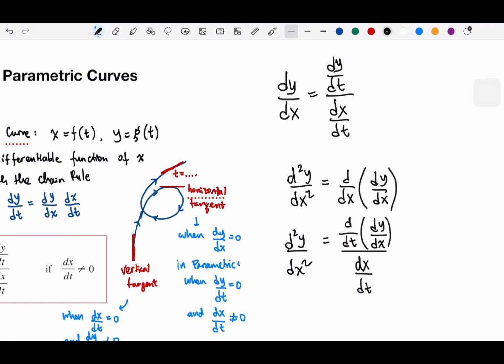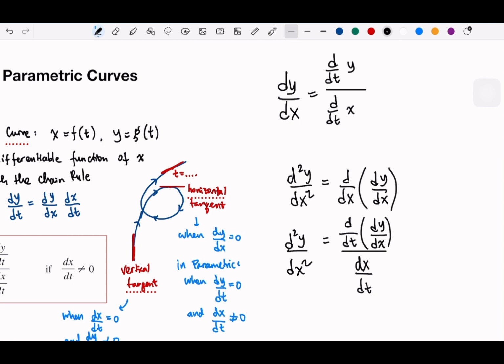Maybe to make it clear, let me just write the first derivative in terms of d dt, just to see what is the difference. So this will be d dt of y over d dt of x. So we need to be careful with this dy dx, because y and x have a connection as a function.